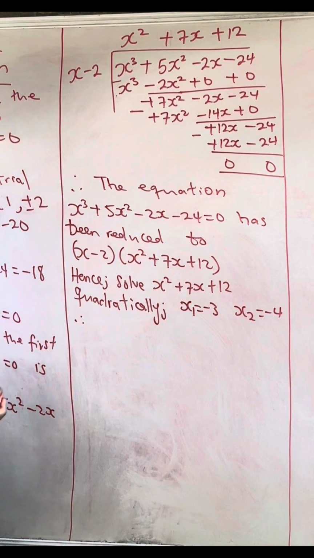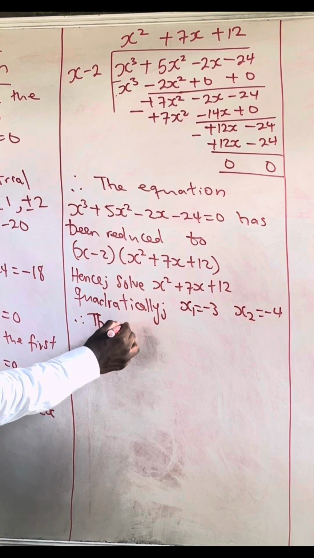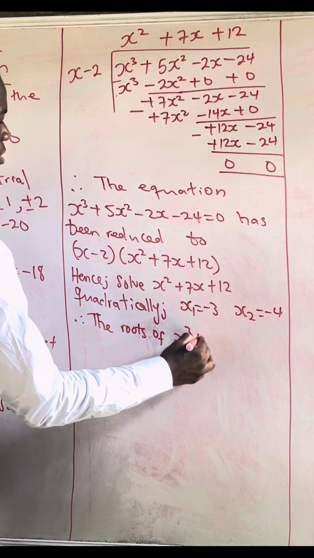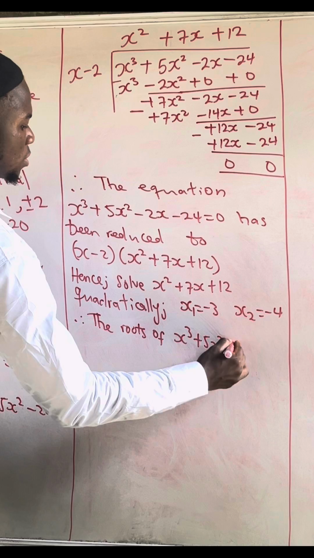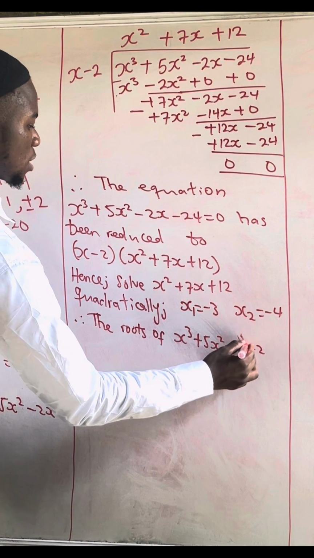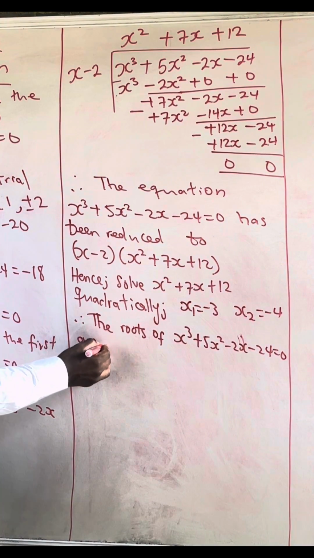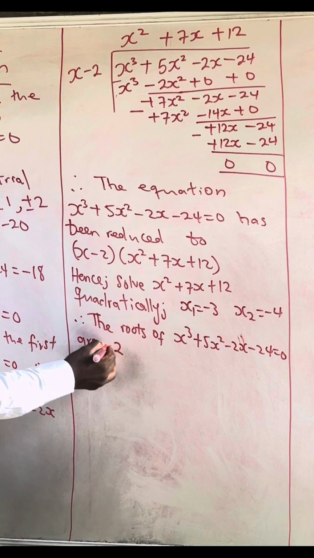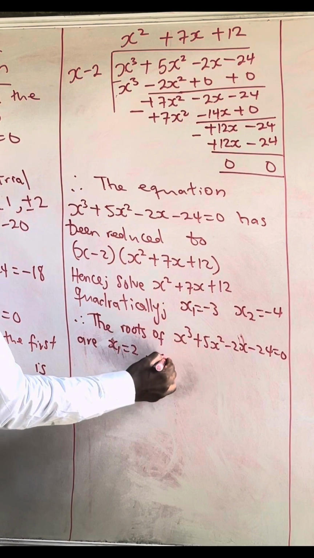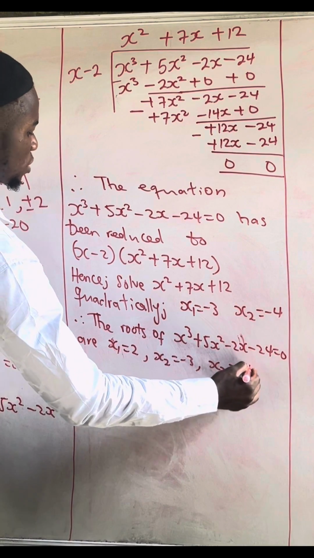Hence, everybody look at this. The roots of x raised to power 3 plus 5x squared minus 2x minus 24 equals 0 are x1 equals 2, x2 equals minus 3, x3 equals minus 4.